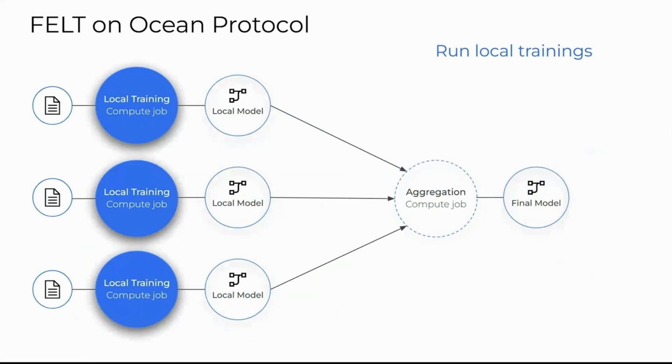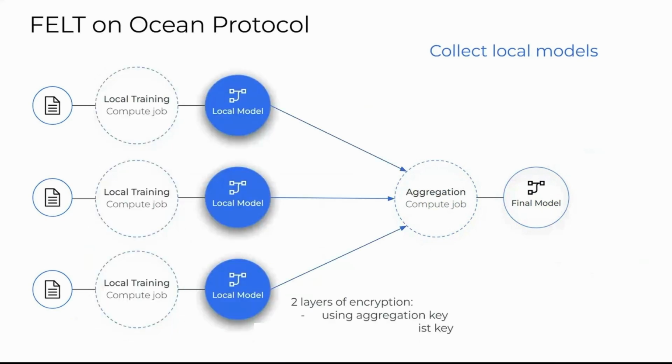Out of these local trainings, we get the local models, which are the output of the training on each dataset, and they are actually encrypted using 2 layers: one is the aggregation key and then the data scientist key.